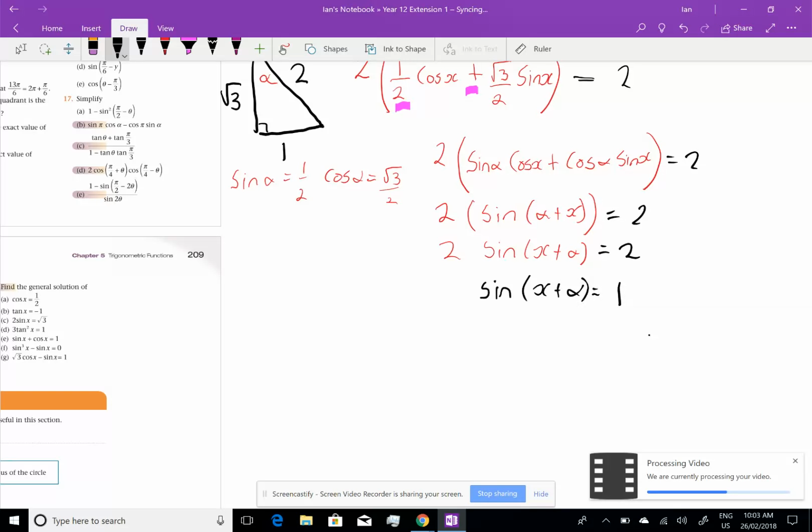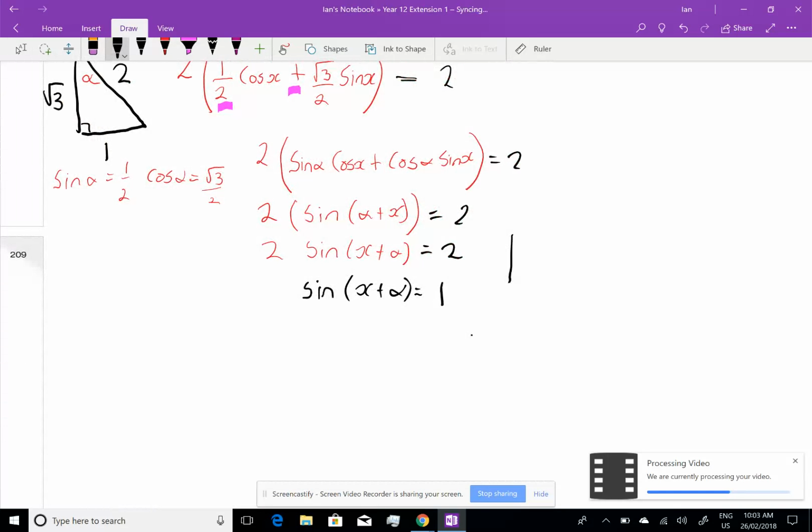sine x plus alpha equals 1. I think back to my sine curve, and the two spots where it equals 1, well, there's only one of them, and it's here at pi on 2, because that's pi, it's 2 pi. If I continued the graph, there would be another one here at 2 pi plus pi on 2, which is 5 pi on 2.